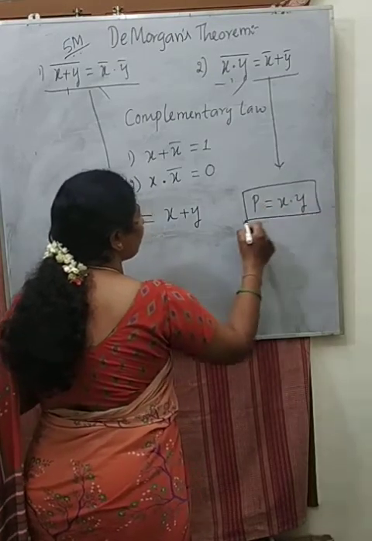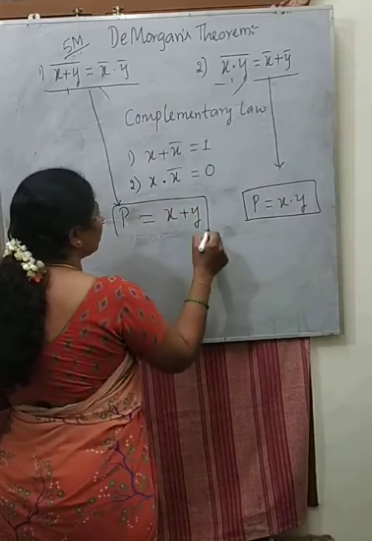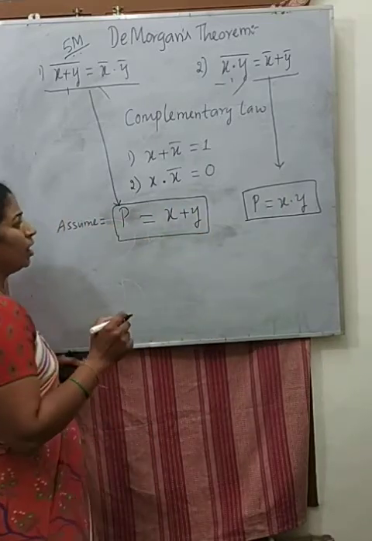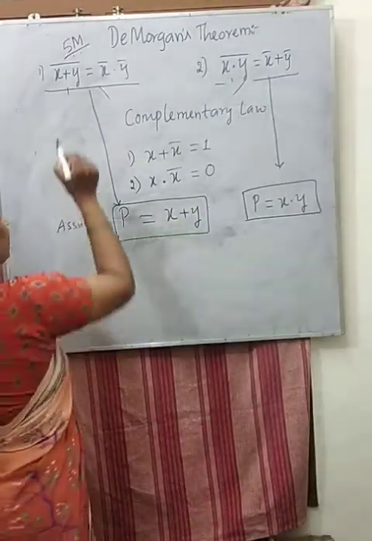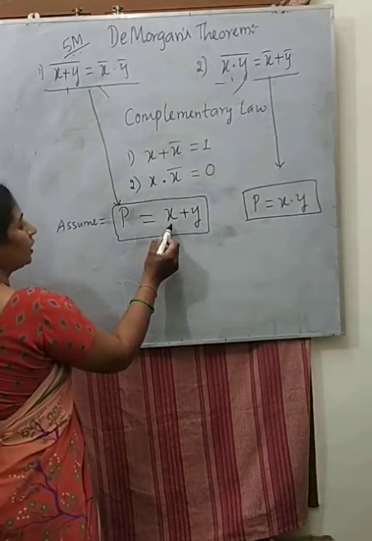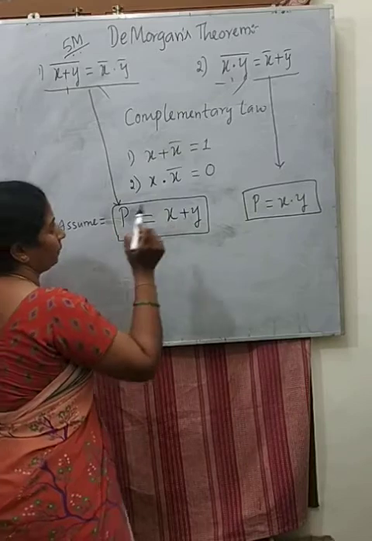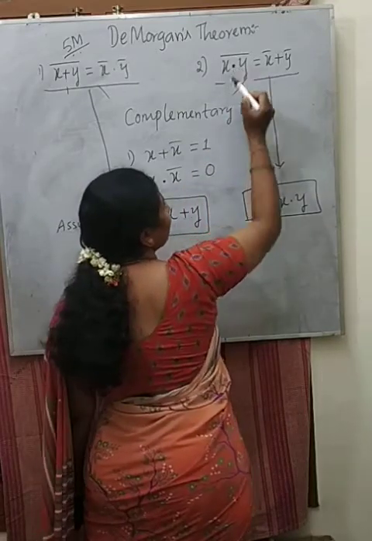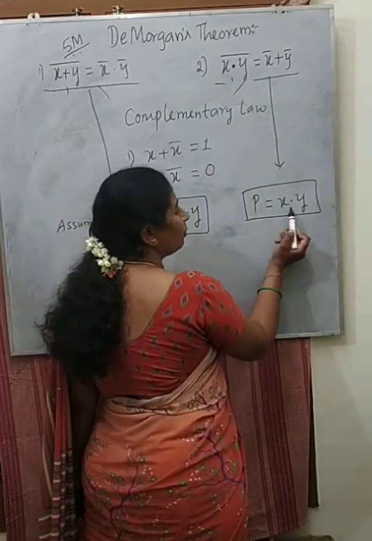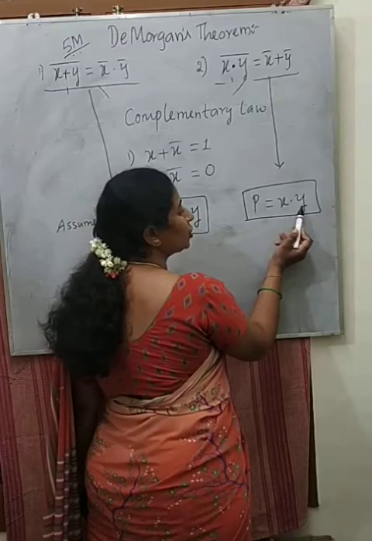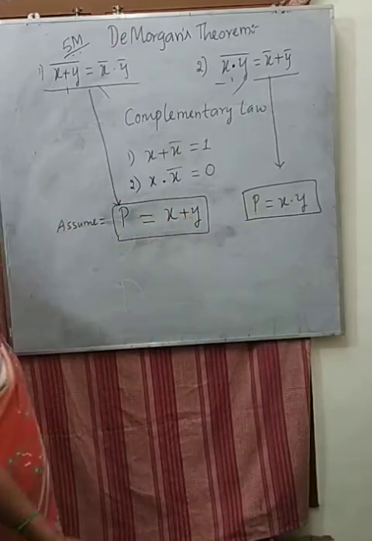You need to remember this and should not interchange. How can you remember easily? Where the plus term is there, p is x plus y. Where the dot is there, in place of p we assume x into y.